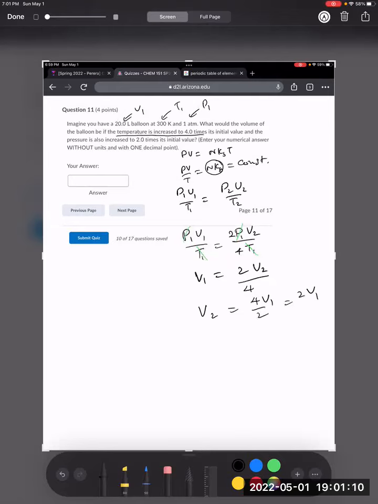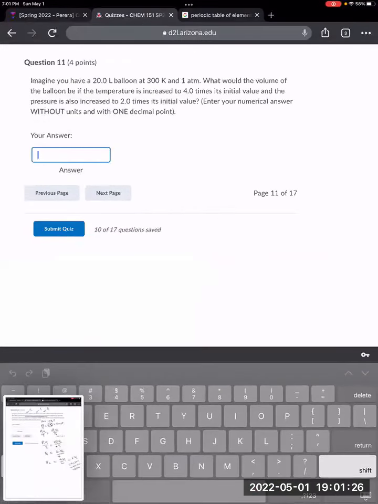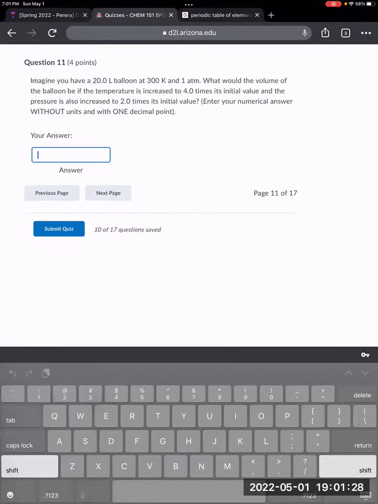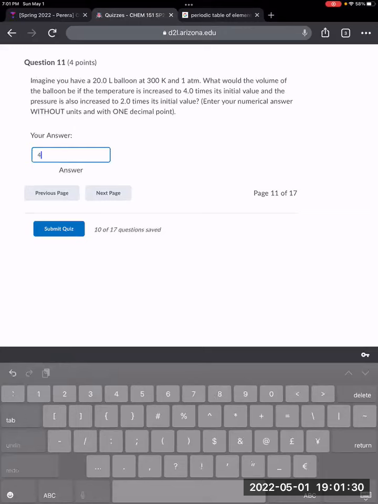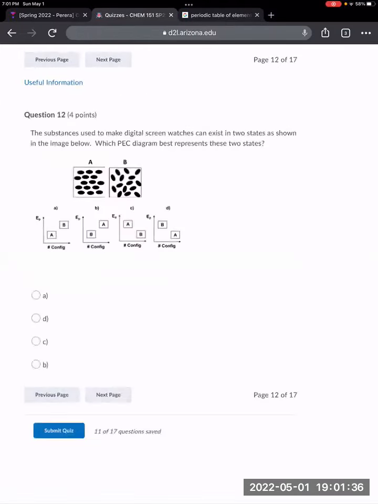Now we know V1 is 20 liters. Therefore, 2 times 20 liters is 40 liters, that should be your answer. So let's enter 40.0. That's our answer without the units.